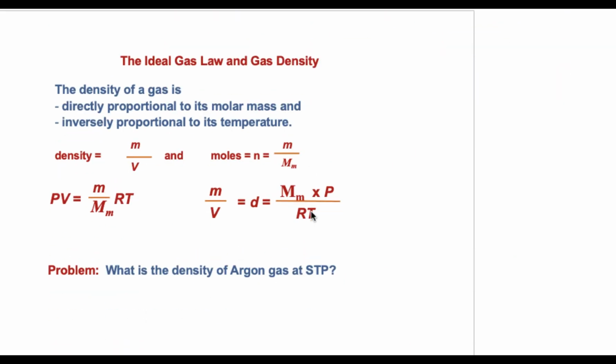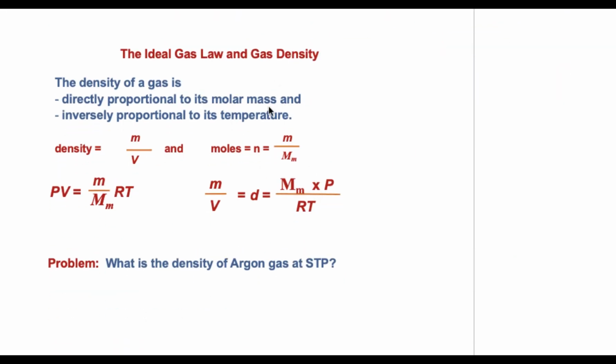So let's talk about the ideal gas law and gas density. It turns out the density of a gas is directly proportional to its molar mass, and inversely proportional to its temperature.